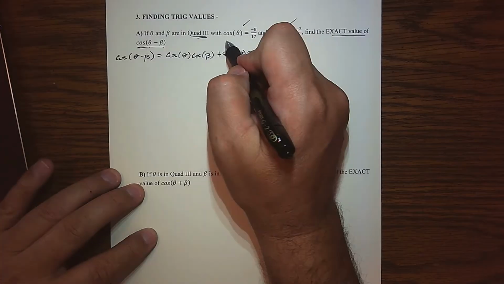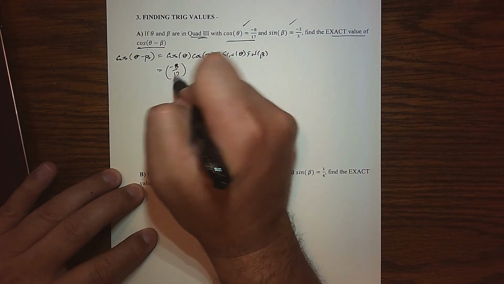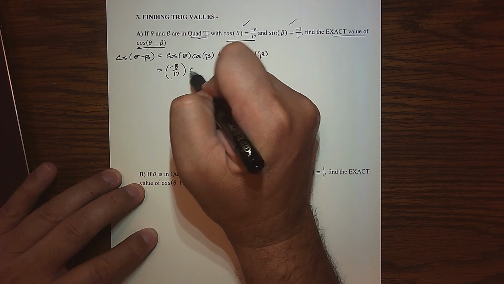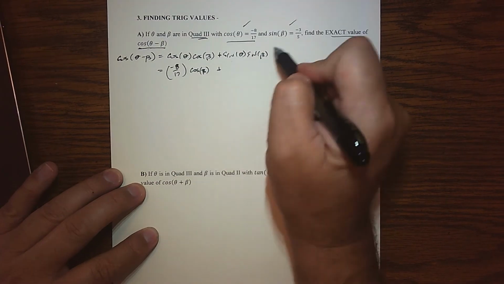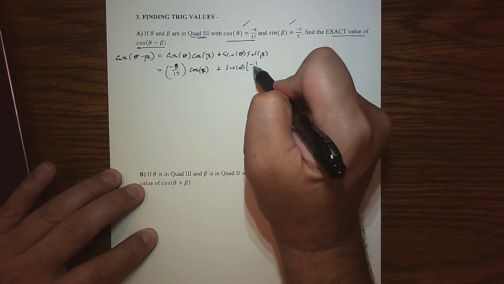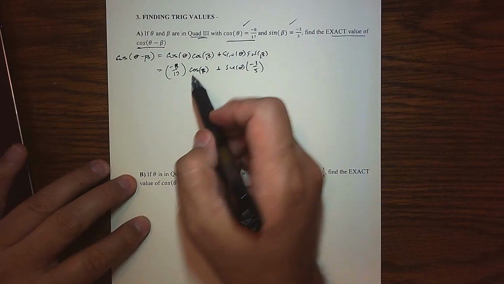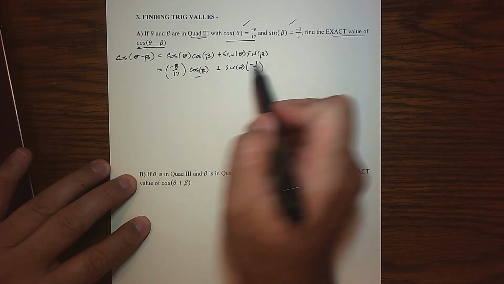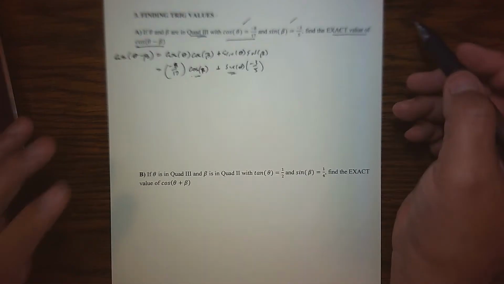Using what we got, we know that the cosine of theta is -8/17. Cosine of beta is not given, and the sine of theta is not given, but the sine of beta is -3/5. All right, so to finish this off, what we need to do is figure out what's the cosine of beta and what's the sine of theta based off the information that I have.